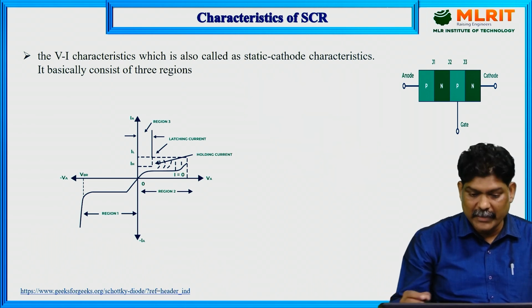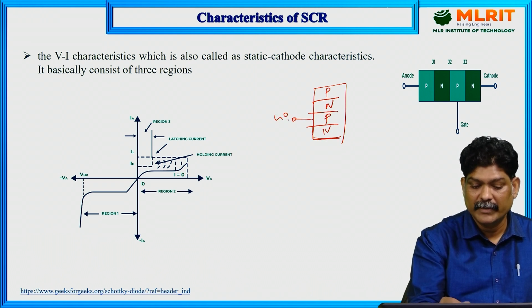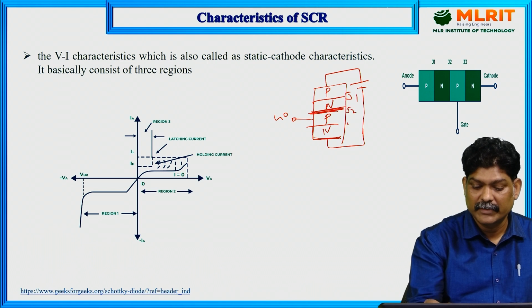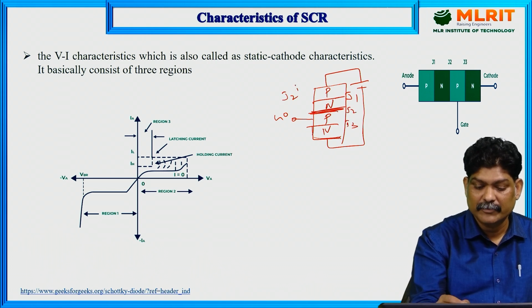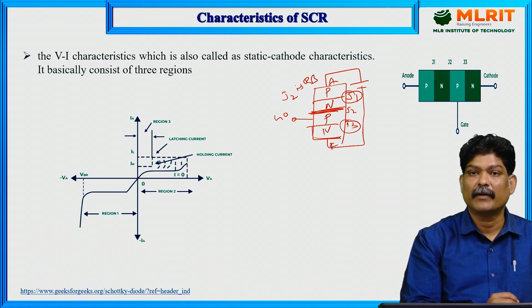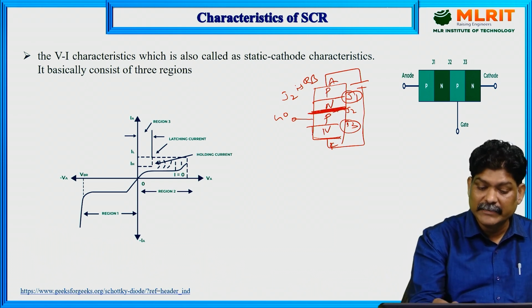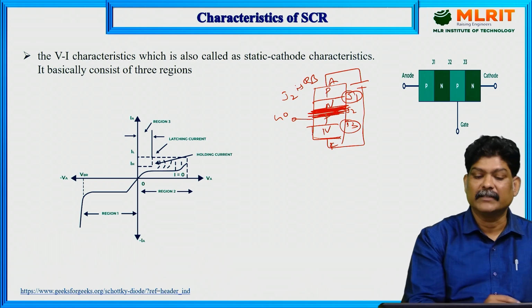Let me write clearly. P, N, P, N, this is the gate at 0, and this is plus and minus. See here, junctions J1, J2, J3. J2 is reverse bias. So even though junctions J1 and J3 are forward bias, because of the reverse bias condition across J2 there is an increase in the depletion width at junction J2.